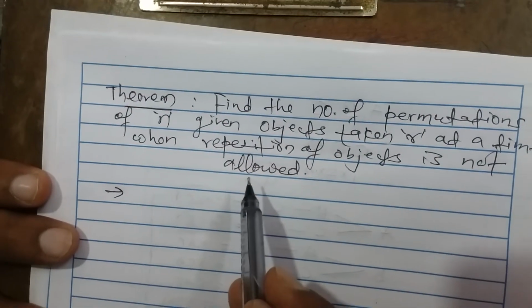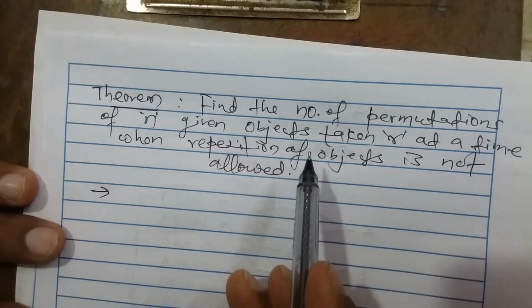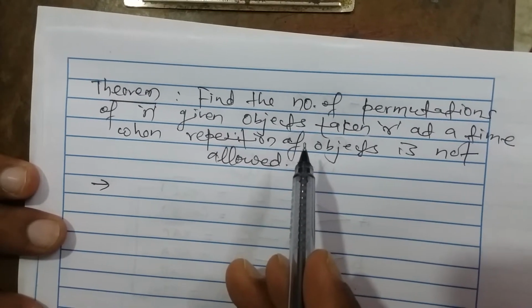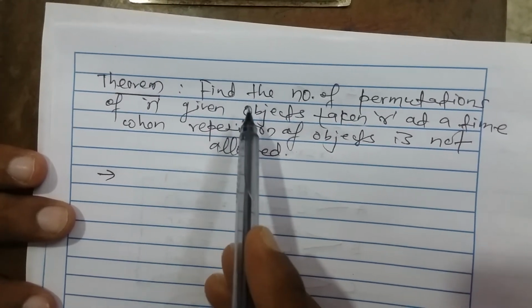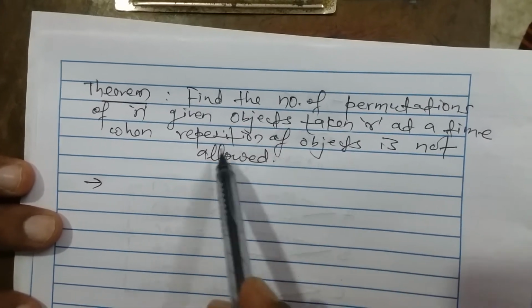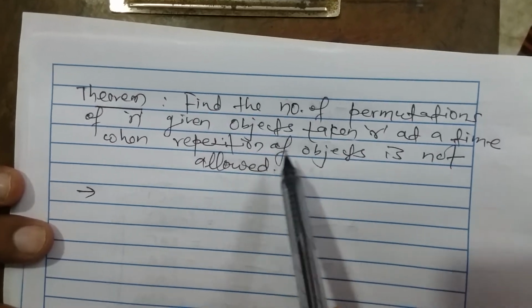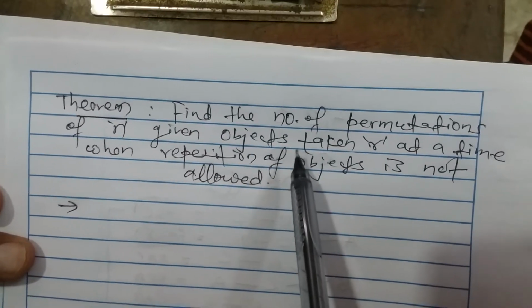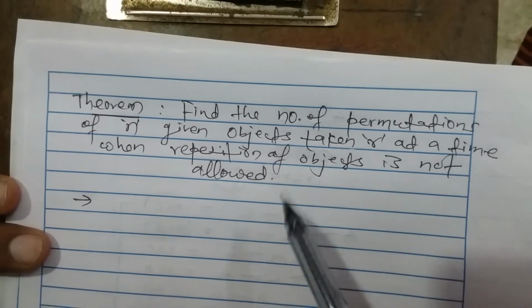Now we are going to establish some formulas of permutations and combinations. The first theorem is to find the permutation of n given objects taken r at a time when repetition of objects is not allowed. This is the case when all given objects are different and repetition is not allowed.